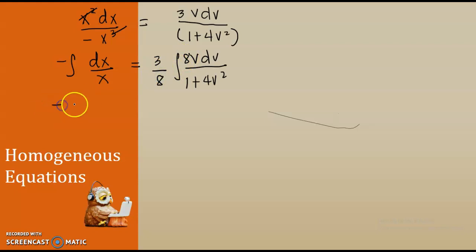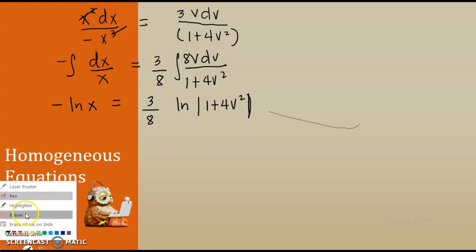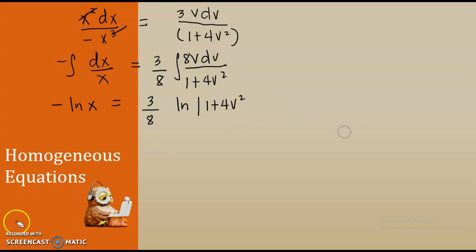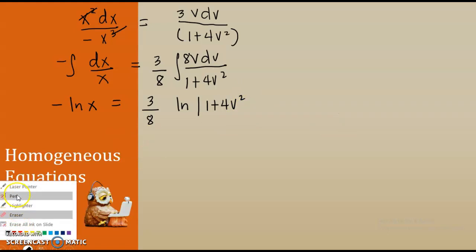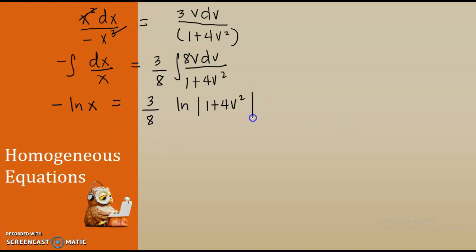Okay, therefore, this one is negative ln x equal to 3 over 8 ln 1 plus 4v squared minus ln c.